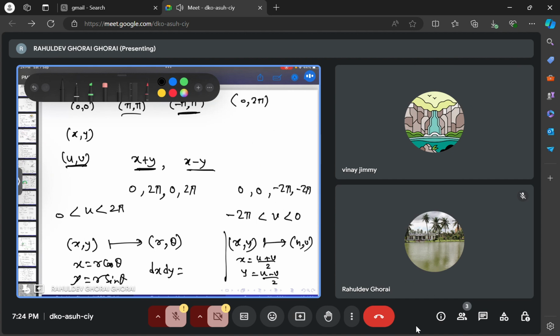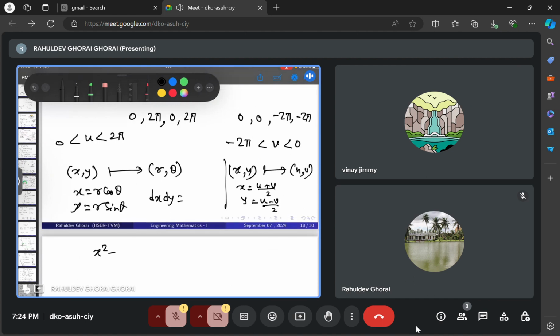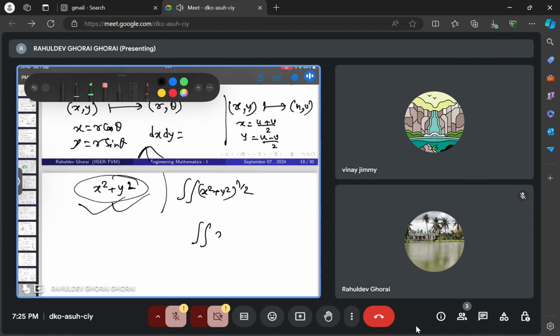If you have questions involving x square plus y square, or integration of x square plus y square to the power half, then you take x equal to r cos theta, y equal to r sin theta. If you have a question like x plus y times e to the power x minus y, then you take this other one.